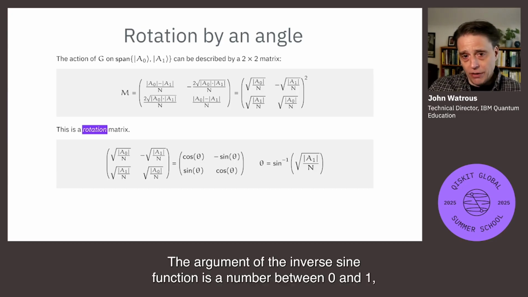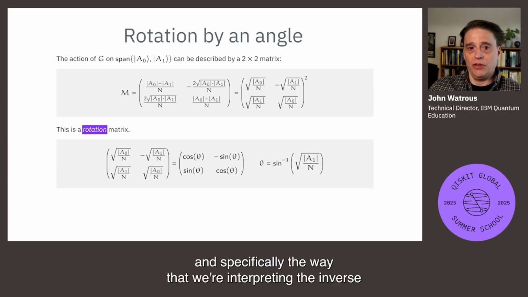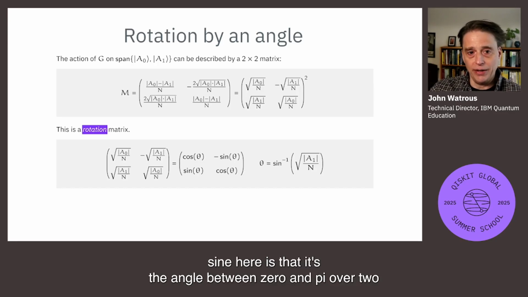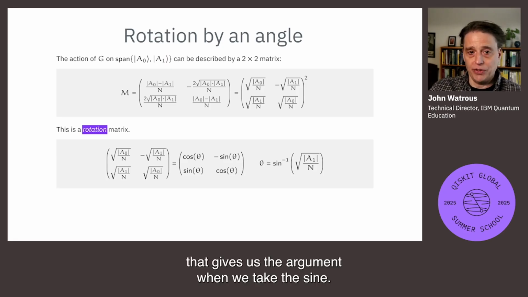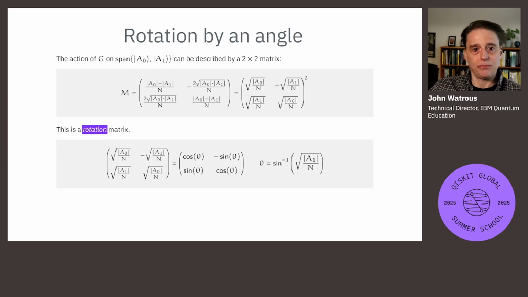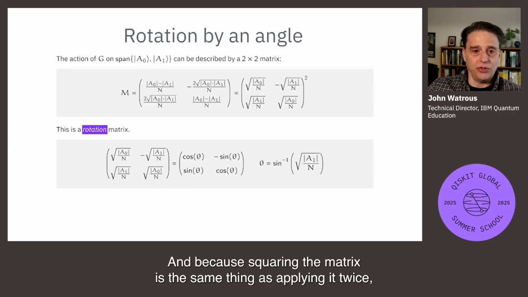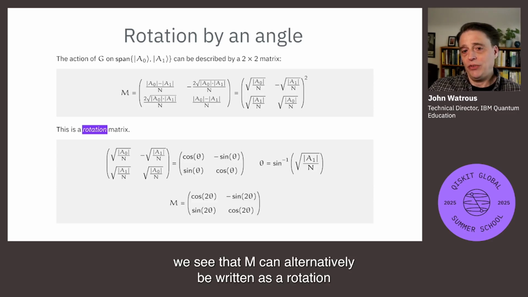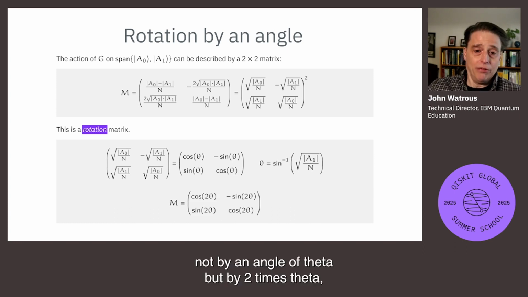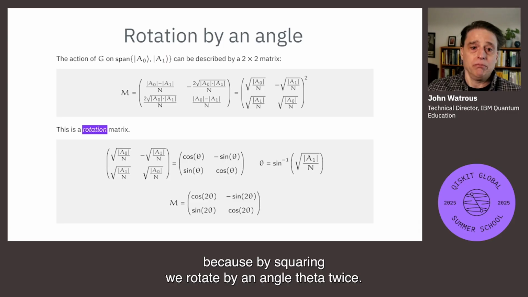The argument of the inverse sine function is a number between 0 and 1, and specifically the way that we're interpreting the inverse sine here is that it's the angle between 0 and pi over 2 that gives us the argument when we take the sine. So that's one way to think about this matrix that we squared to get M, and because squaring the matrix is the same thing as applying it twice, we see that M can alternatively be written as a rotation, not by an angle of theta, but by 2 times theta, because by squaring we rotate by an angle theta twice.